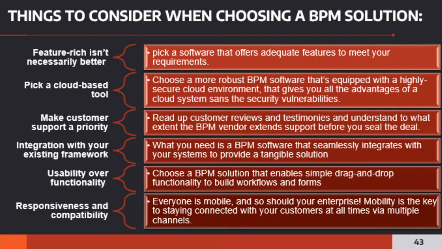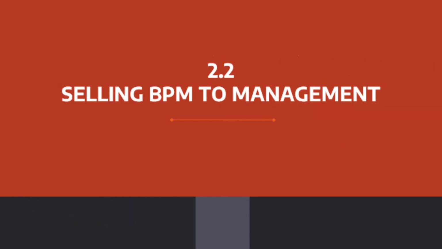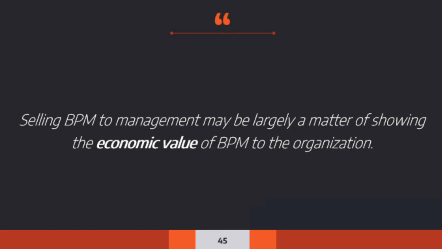Now, choosing a BPM solution is one of the areas. The second one is how you are going to sell it to your management. How? Selling BPM to management may be largely a matter of showing the economic value of the BPM to the organization.